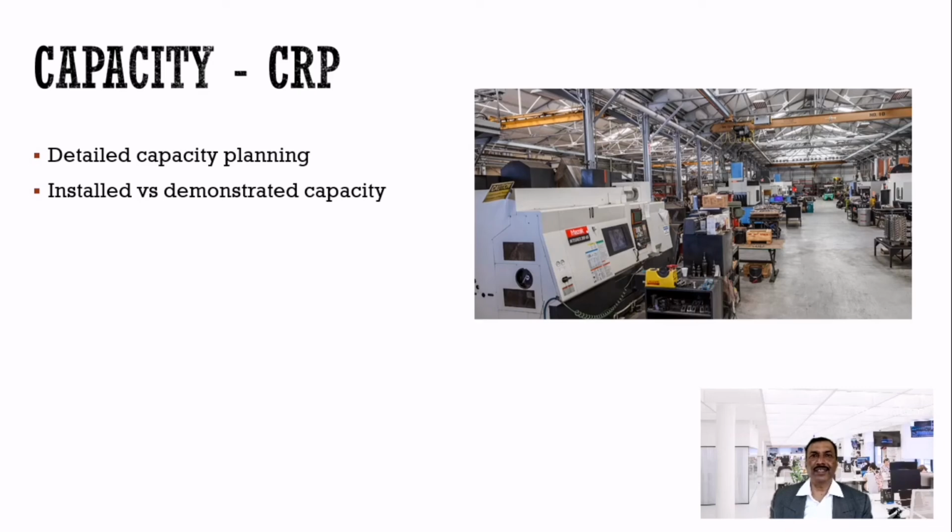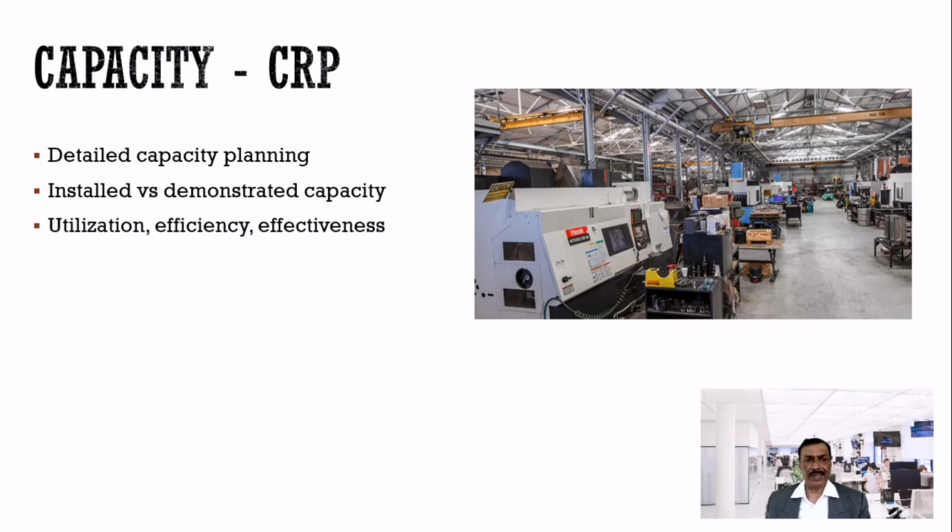That means the demonstrated capacity is only 450 units, and for all your calculations and promises to the customer, you have to use demonstrated capacity. At the same time, the management expects you to improve the demonstrated capacity to the installed capacity level.